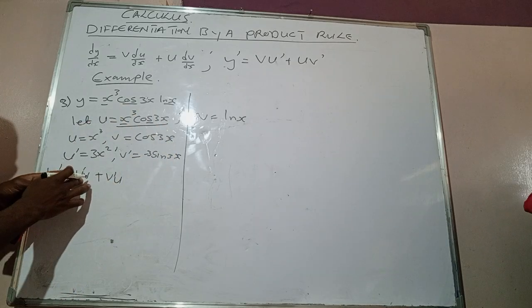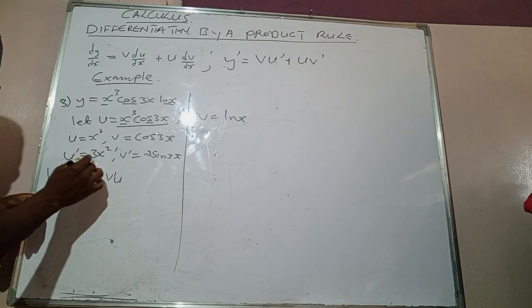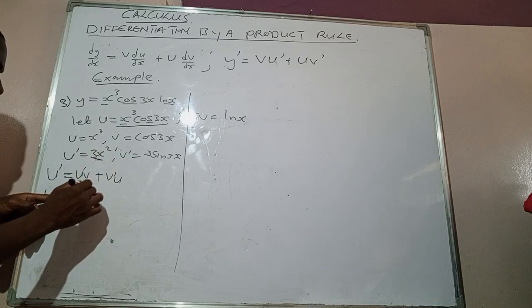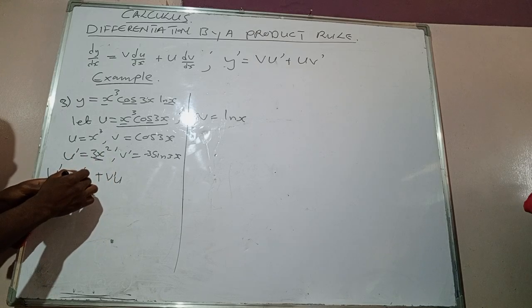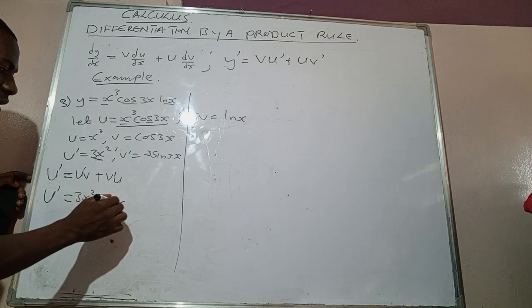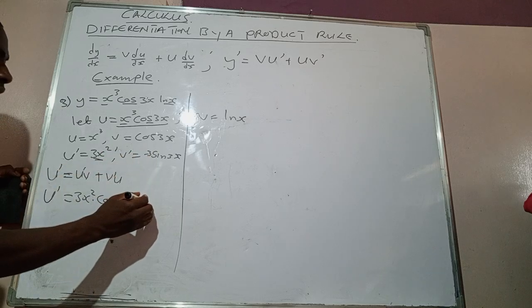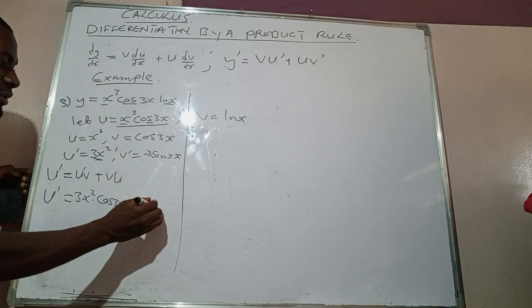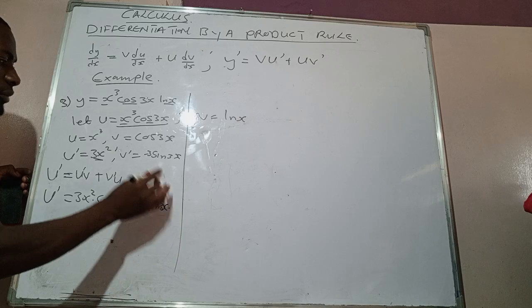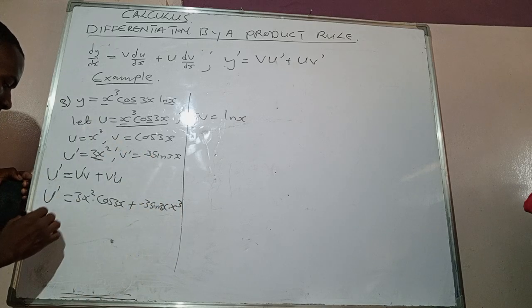We are going to have our u prime here, which is 3x squared, multiplied by v, which is cos 3x, then plus our v here, we have negative 3 sin 3x, multiplied by x to the power 3.